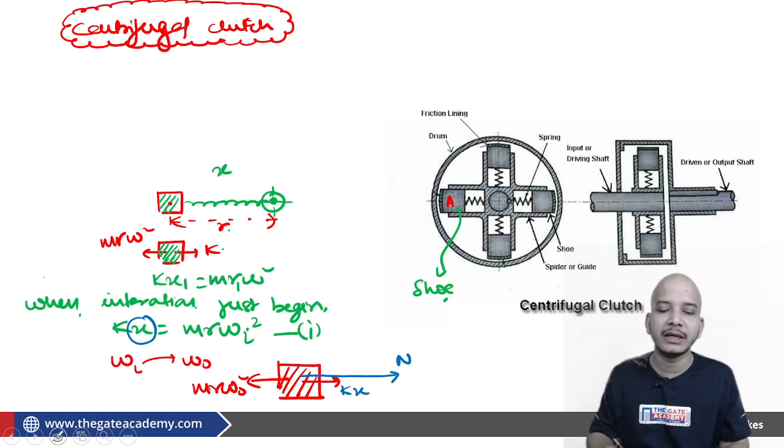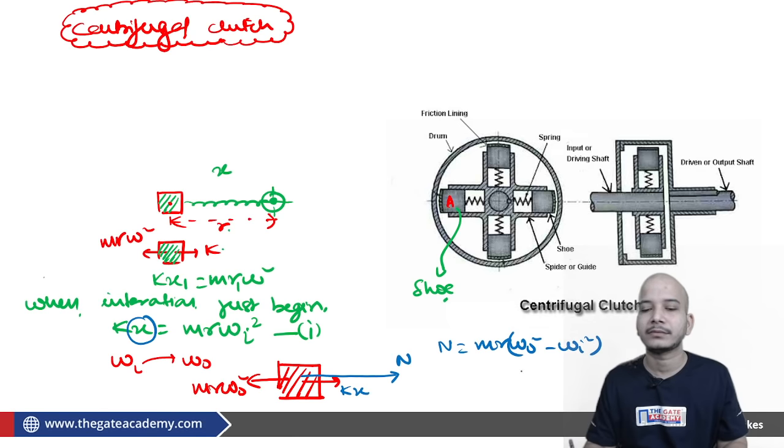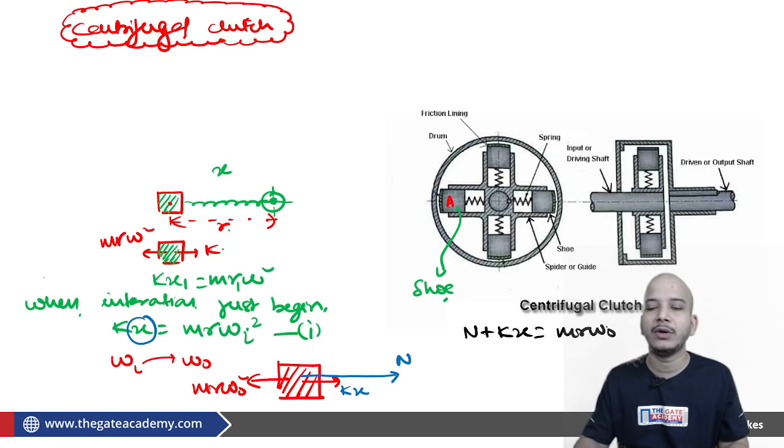So from here n is equal to mr times omega O square minus omega I square. How are we getting this? Let me write it for you. N plus kx is equal to mr omega O square.